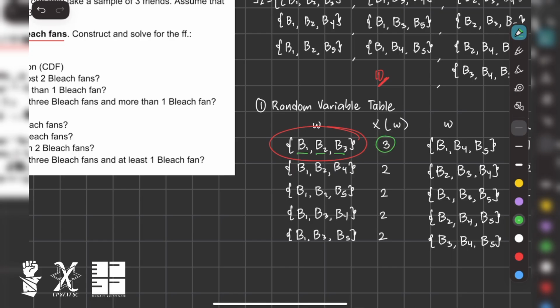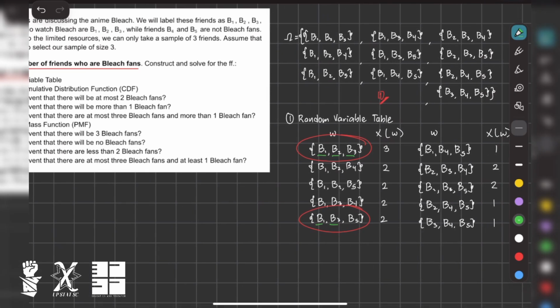Now, when we look at this sample, B1, B3, and B5, we know that B1 and B3 are Bleach fans. So there's only two, so your big X will have the value of 2. Note the values that your big X takes up will be your small x's. These small x's will be very useful in constructing our probability mass function.